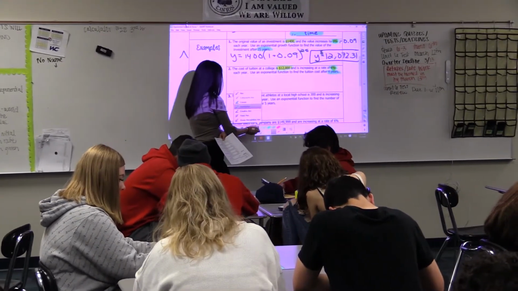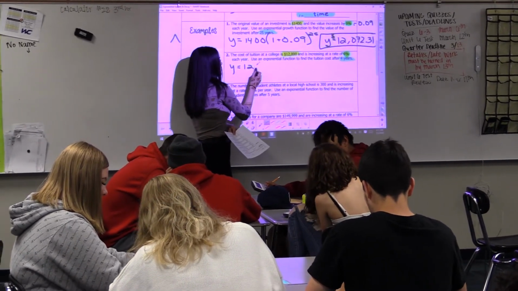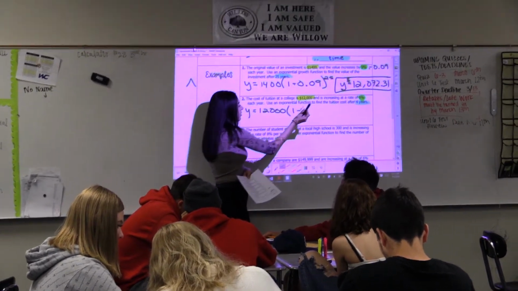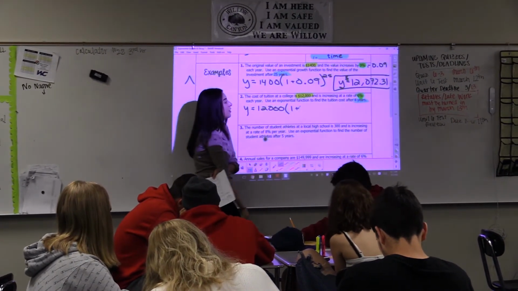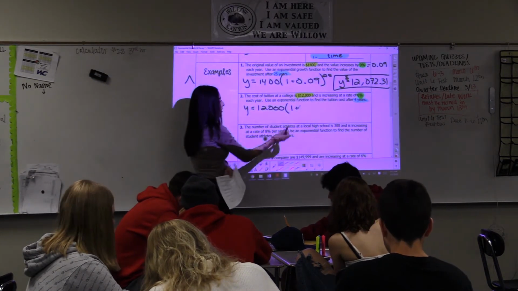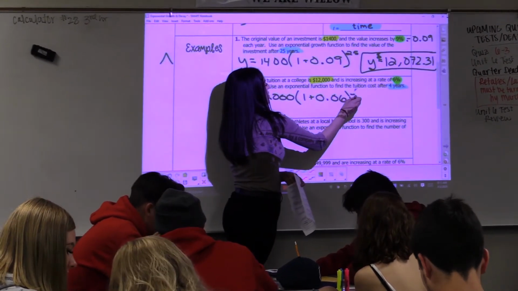All right, so enter it in your formula. So y equals a, which is 12,000, times 1 minus, or sorry, plus r. What is 6% represented as a decimal? 0.06. Good. 0.06 to the 4th power.